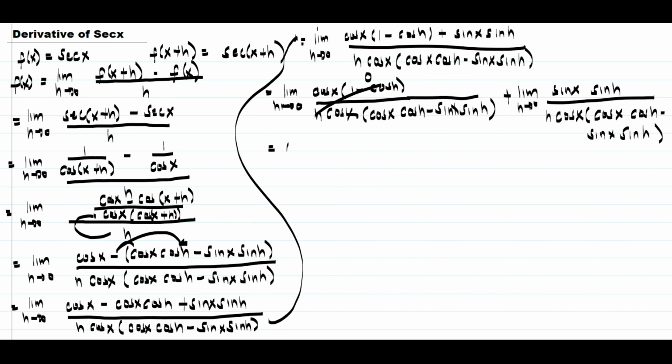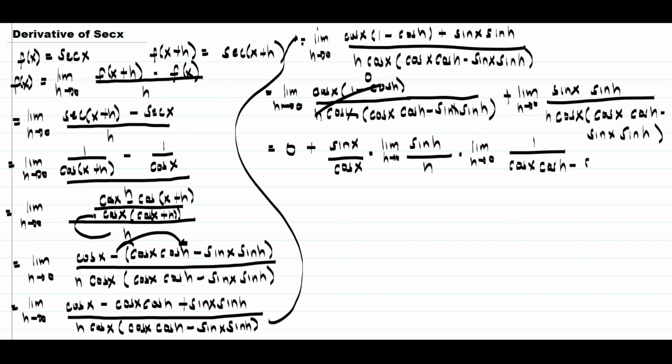So we can write this as 0 plus sine x over cosine x times the limit of sine h over h times the limit as h approaches 0 of 1 over the parenthesis, cosine x cosine h minus sine x sine h.